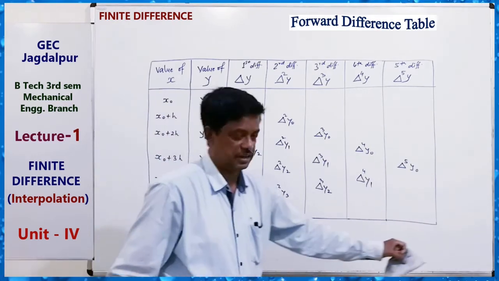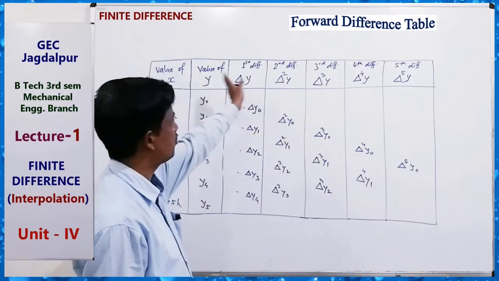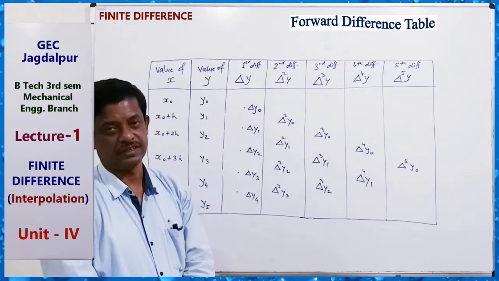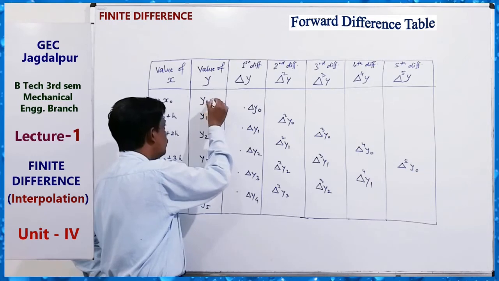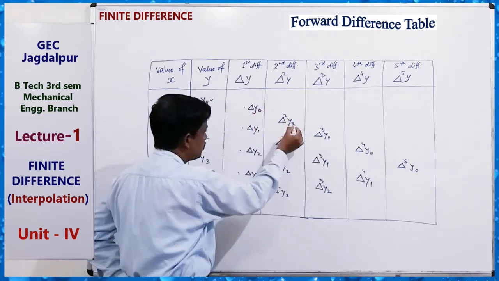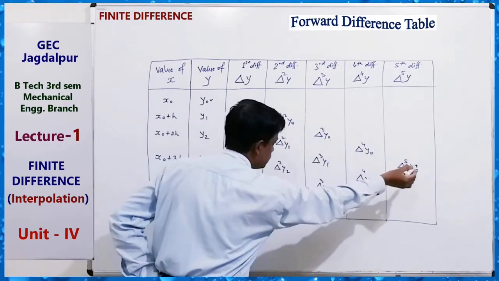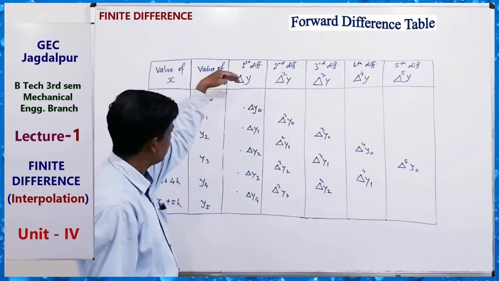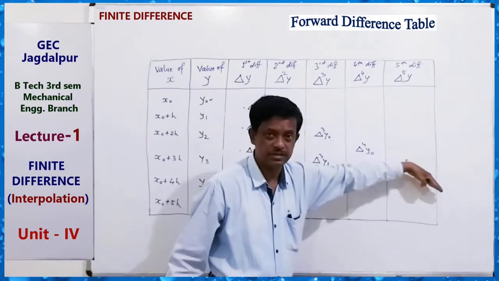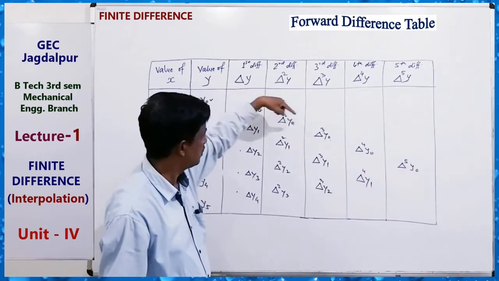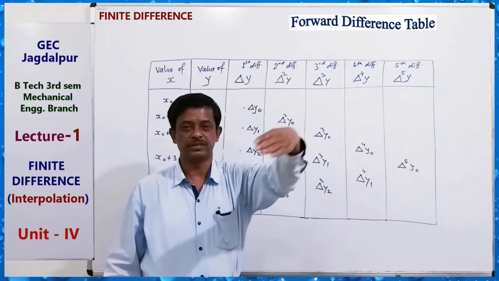In this table, for forward differences, this line from the start has the first, second, third, fourth, fifth order differences.